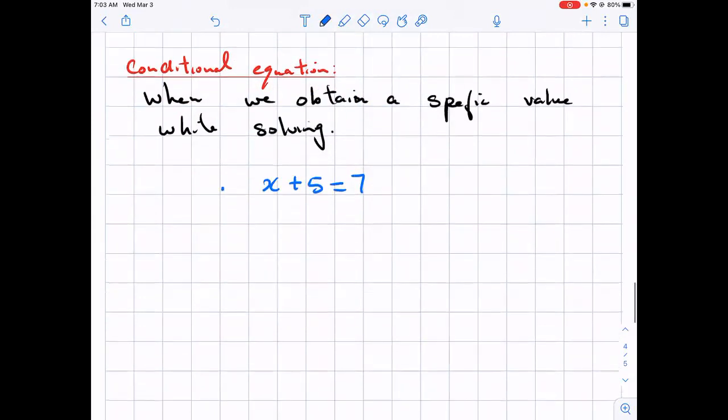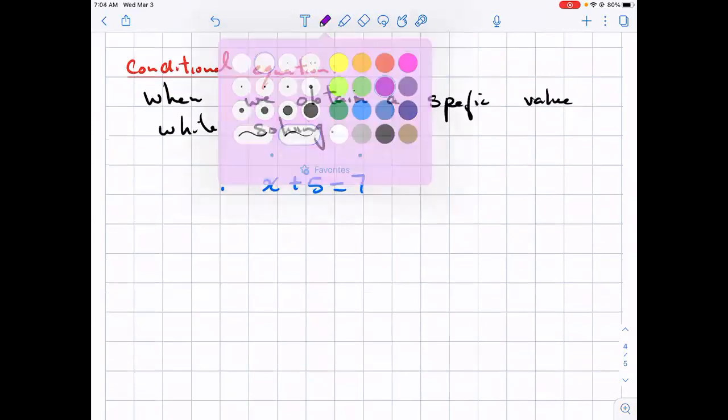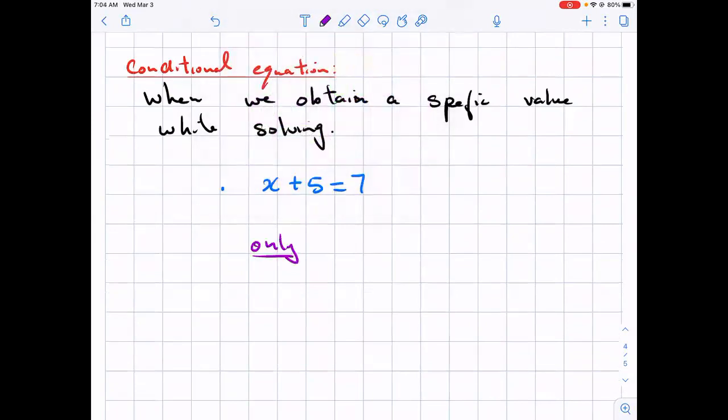In this case, only when x is equal to 2 is this true. No other value will make this true.